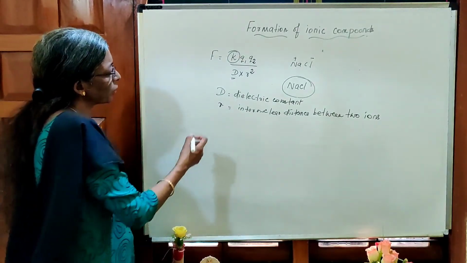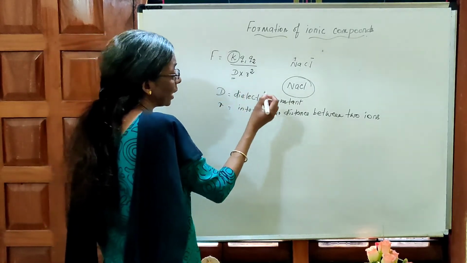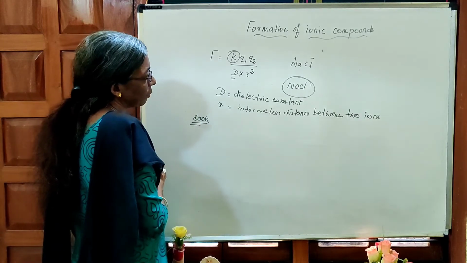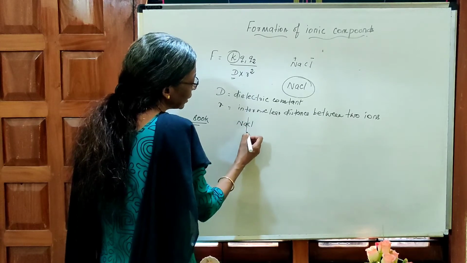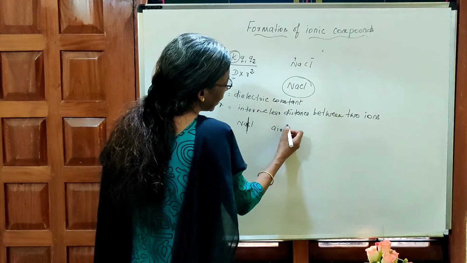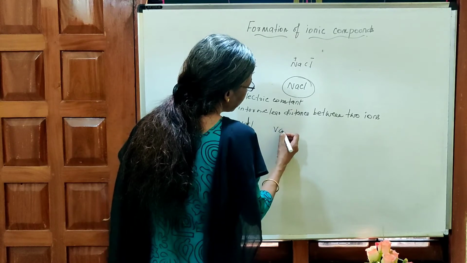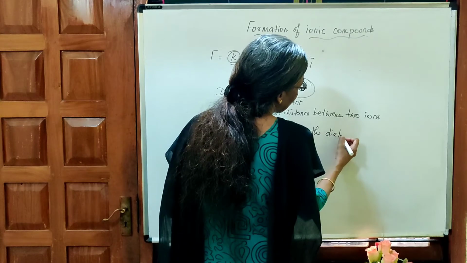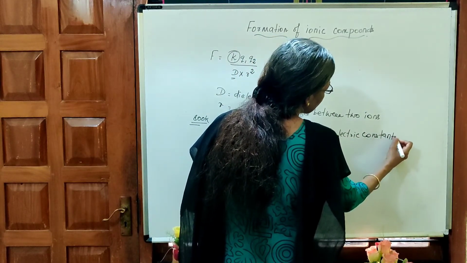Suppose you have to separate these ions by applying a temperature of nearly 800 Kelvin. Between sodium and chlorine, the medium is air or vacuum, and the dielectric constant is 1.